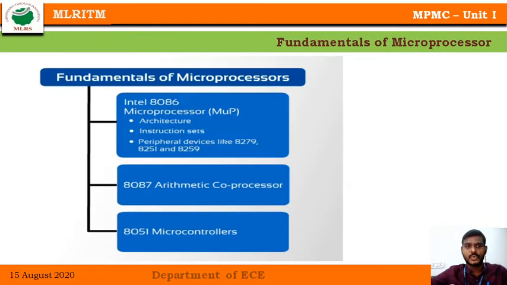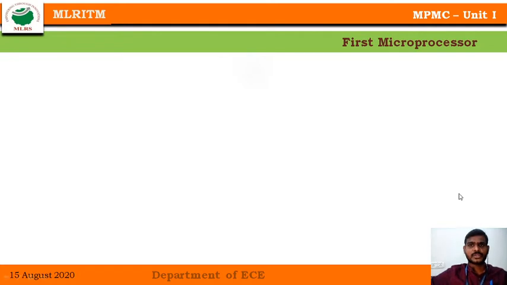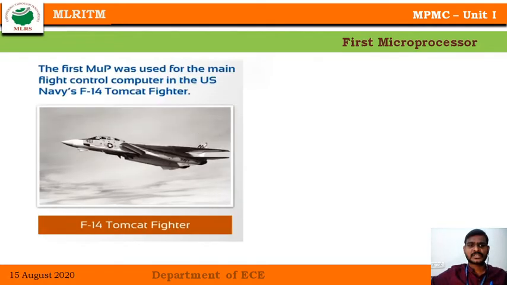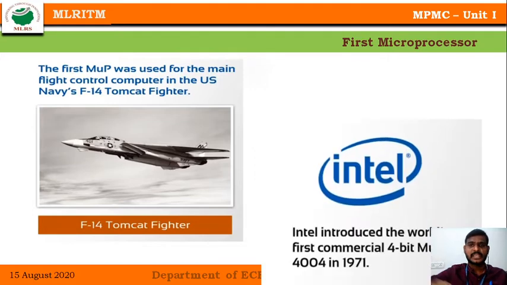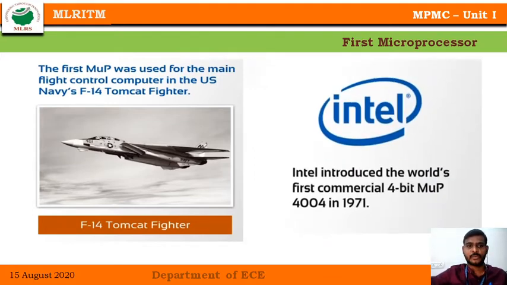Let's look at the history of the microprocessor. The first microprocessor was called the Tomcat, which was developed by the Department of Defense, USA. But the first commercially available microprocessor was the 4004. It came from Intel, was a 4-bit processor and contained a grand total of 2300 transistors.